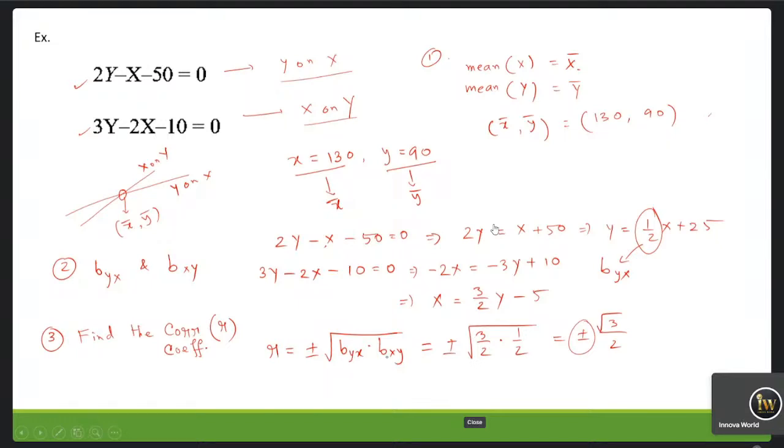If both are positive, you will consider the positive sign. If both are negative, you can consider the negative sign. So here, since both byx and bxy are positive, we will consider the positive sign. So this is equal to plus root 3 by 2.